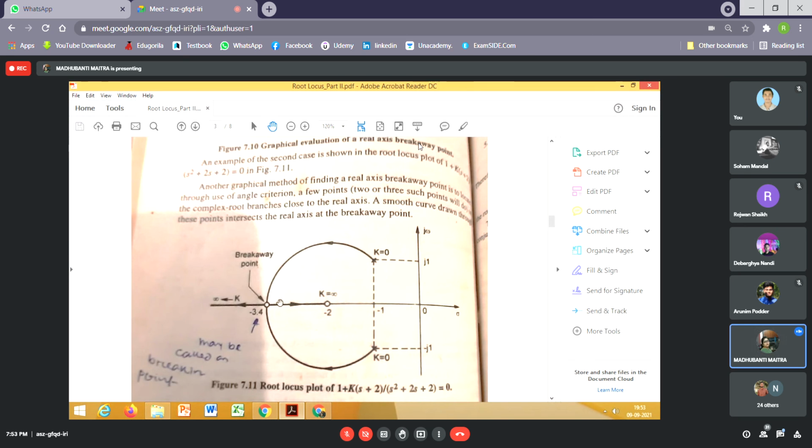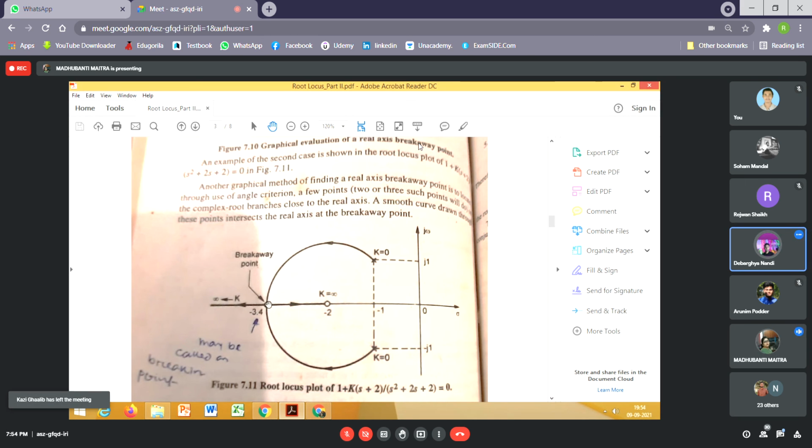While we go on increasing the value of gain k, at this point you see these two complex conjugate root branches are meeting with each other. And if we increase the value of gain k beyond this value, then these two complex conjugate root branches will now reduce to two real root branches.